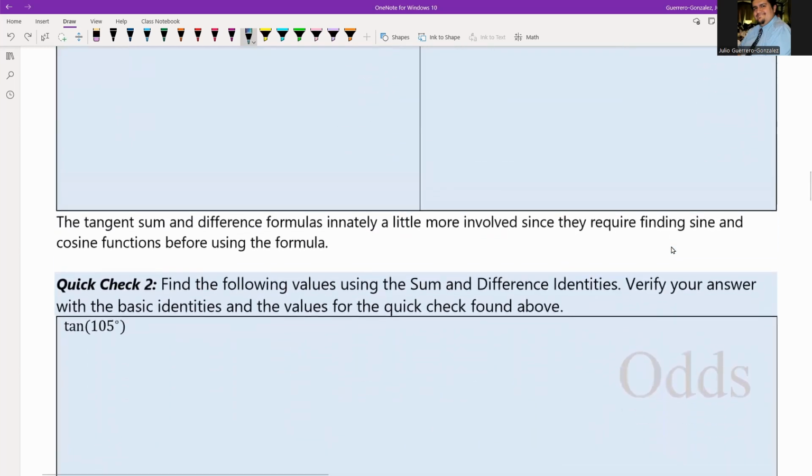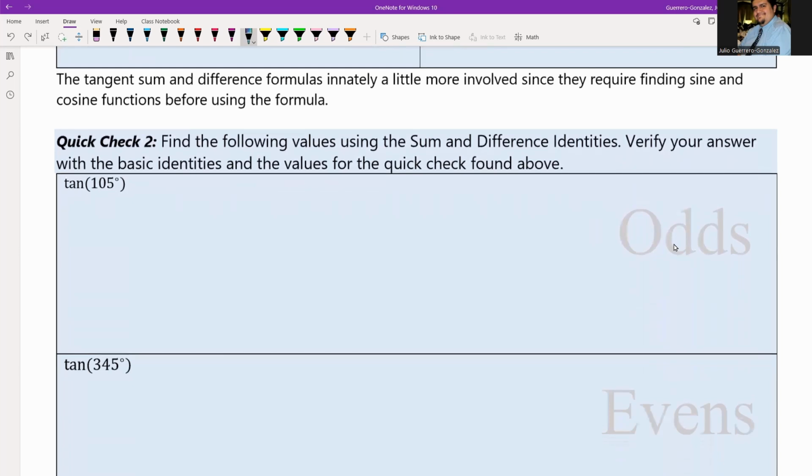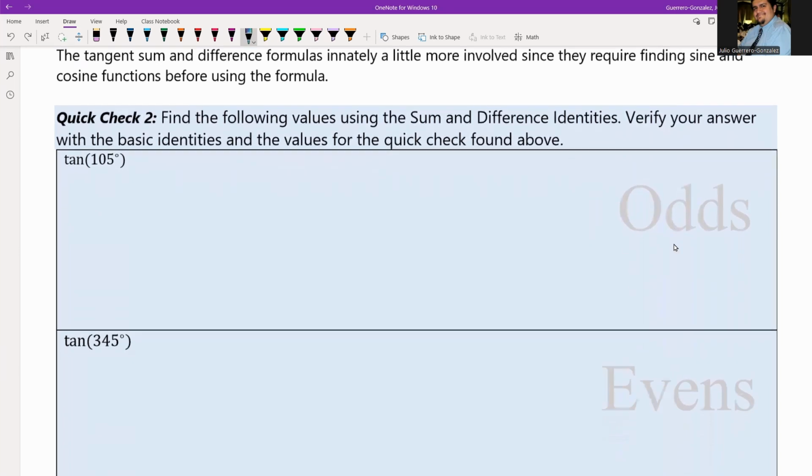I do want to mention this for the second quick check, because this is probably going to come up. Do we really need the tangent ones? Not really. I'd rather you know them and not need them than the other way around.